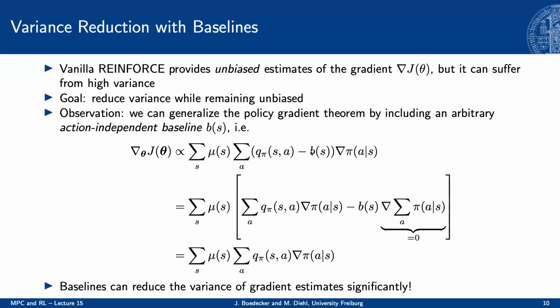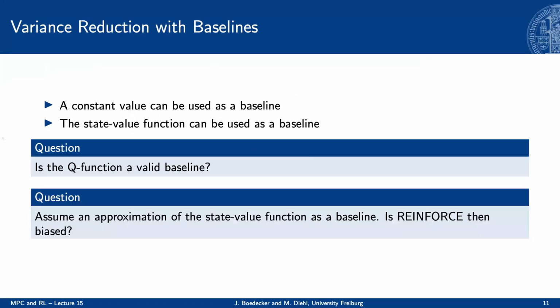The constant value is not the best thing to do. But as we'll see, if we use, for instance, an estimation of the value function, that's usually working much better. A constant value could even be used, but usually the state value function is what works really well in practice.